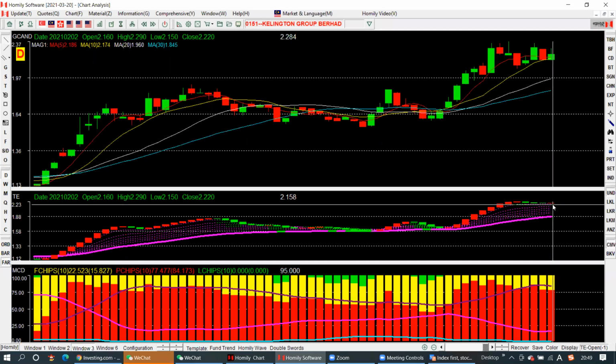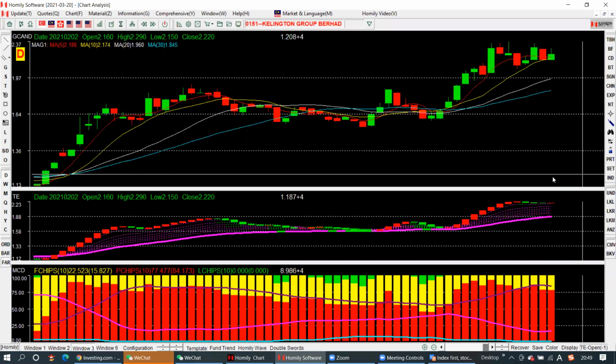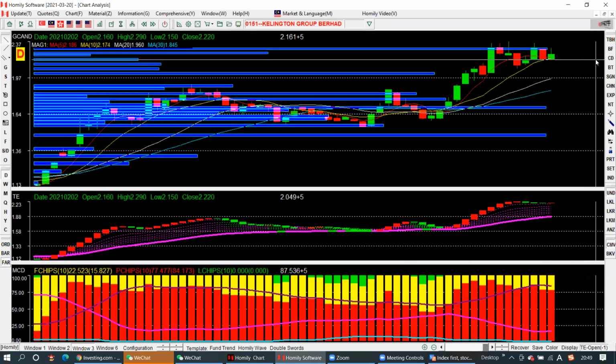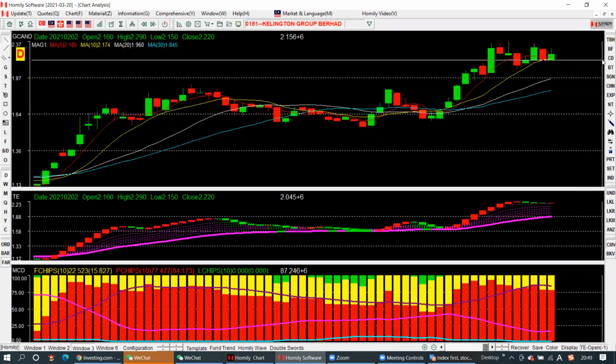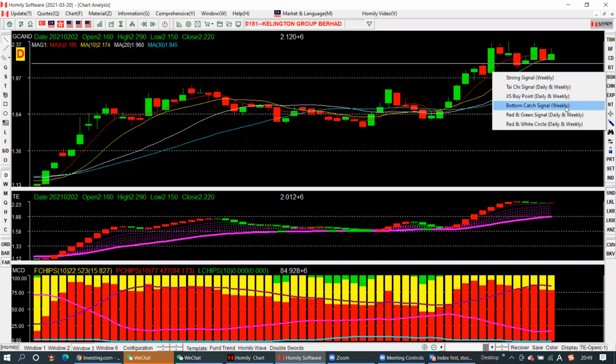You can see the bar of the TE is very, very thick, and even here there is no long shape, but our red bar actually comes out from this purple light. So you need to double confirm, and also can try to study the chip distribution, find out the support and the resistance of the stock, or even find out the bottom cat signal to help you double confirm it.